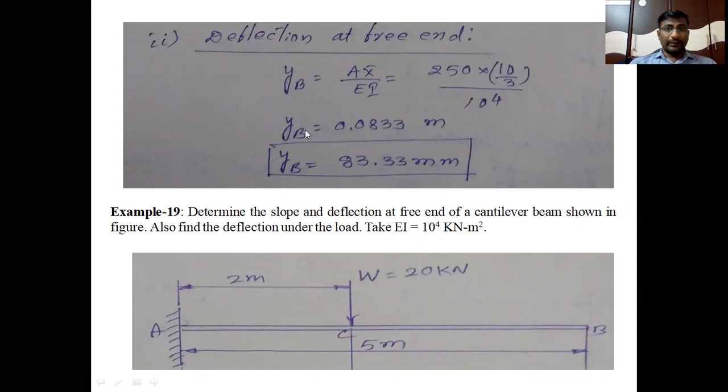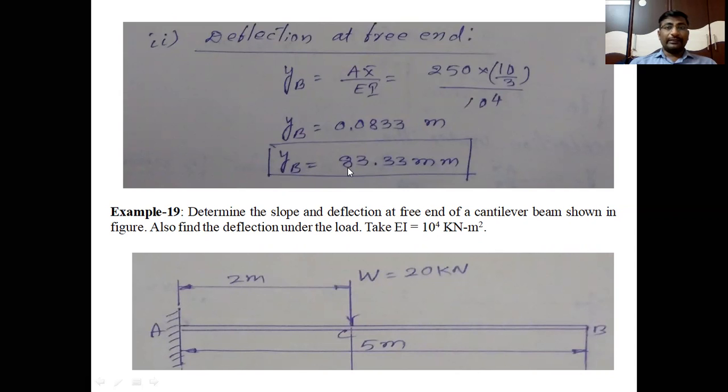Okay. This is the change in deflection between A and B, or deflection at B, because deflection at A is 0. It is taken as Yb minus Ya, is equal to 0.0833, or Yb minus 0, which is Yb. Yb equal to 0.0833 meters, otherwise Yb equal to 83.33 mm.